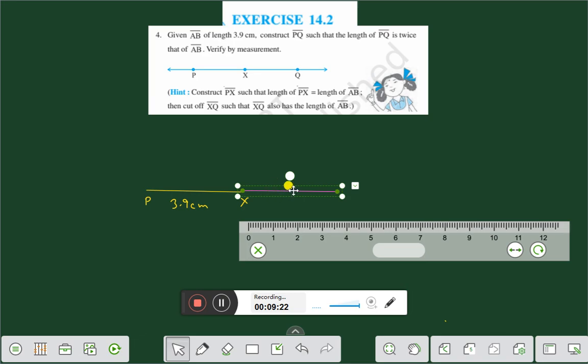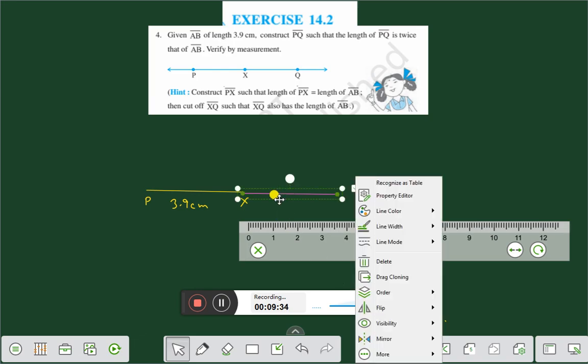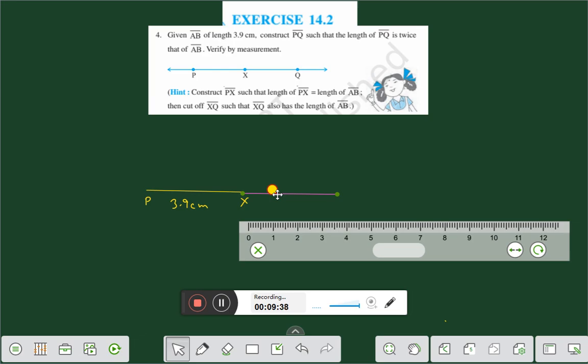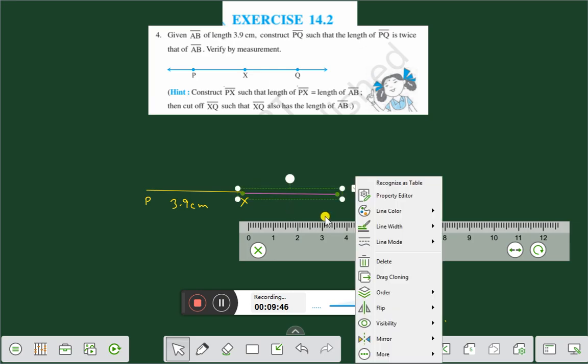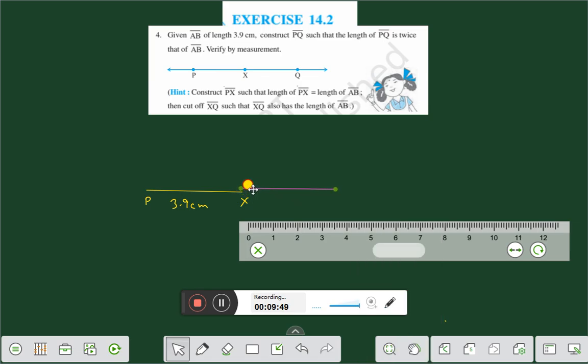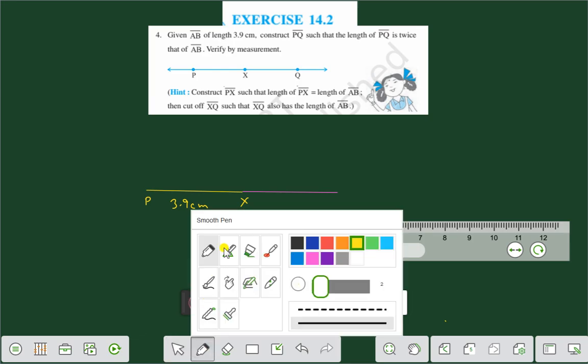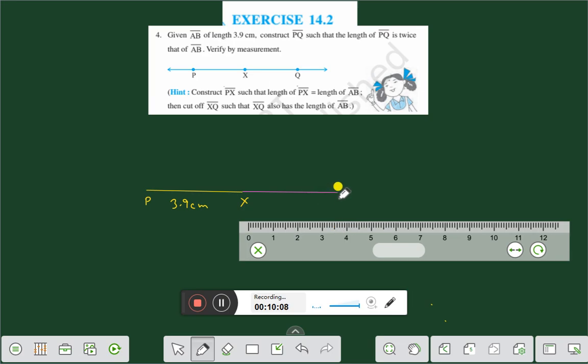Now we name this as Q, and the value of XQ is also 3.9 centimeter.